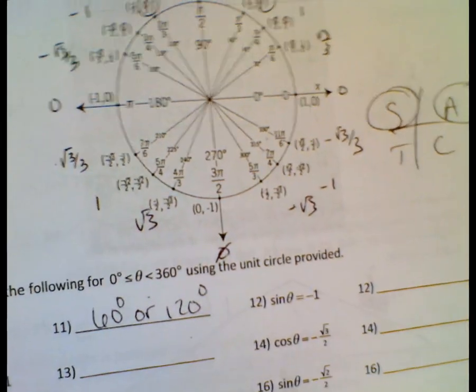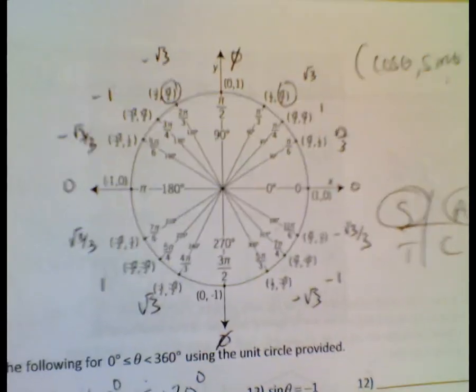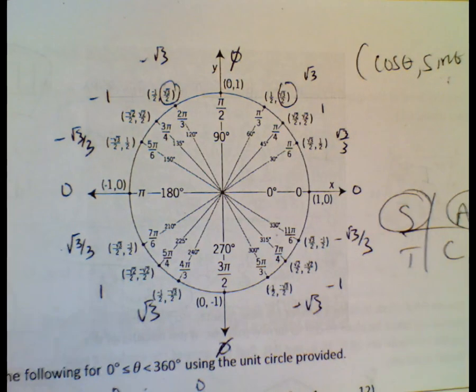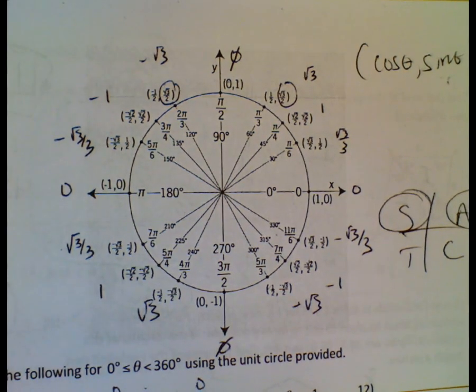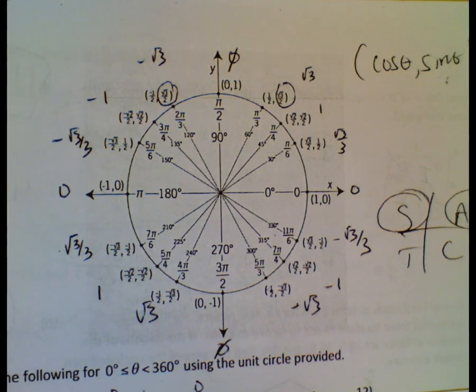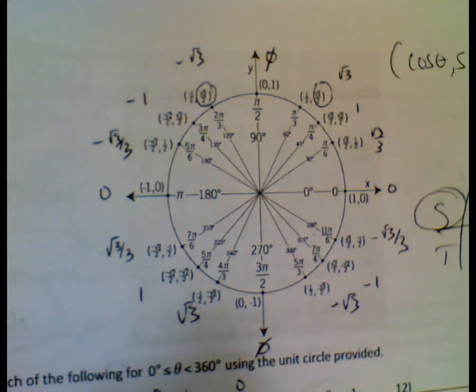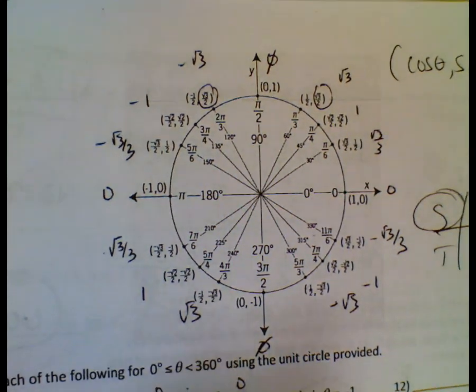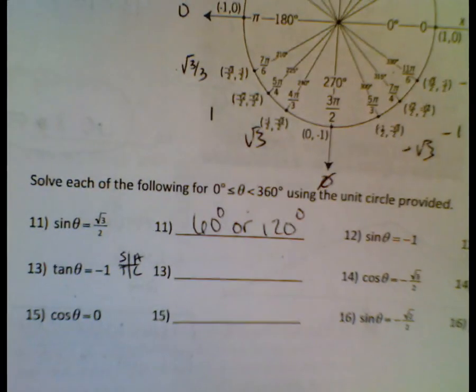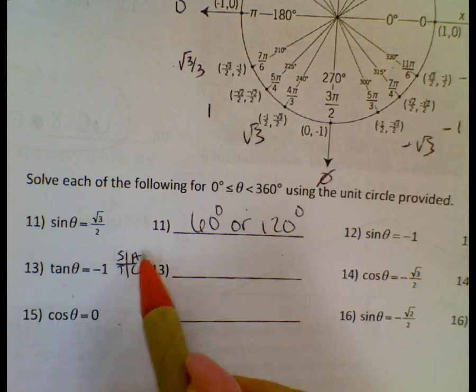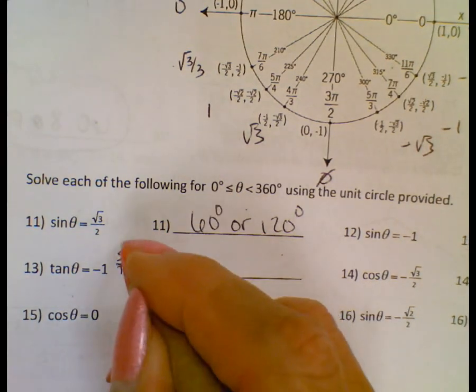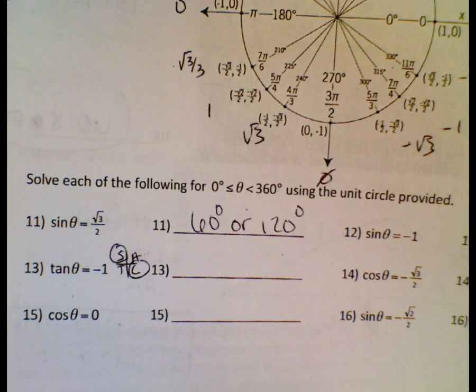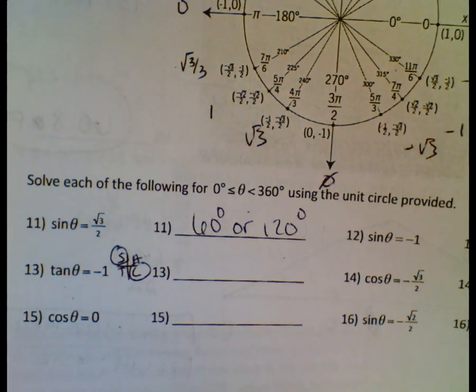Okay, tangents are in. This one's on your test, but you can use your notes. So bring the one from your notes. So where is tangent negative 1? Look at your little, all scholars take calculus. Tangent's positive here and here. So tangent's negative in the second and fourth.